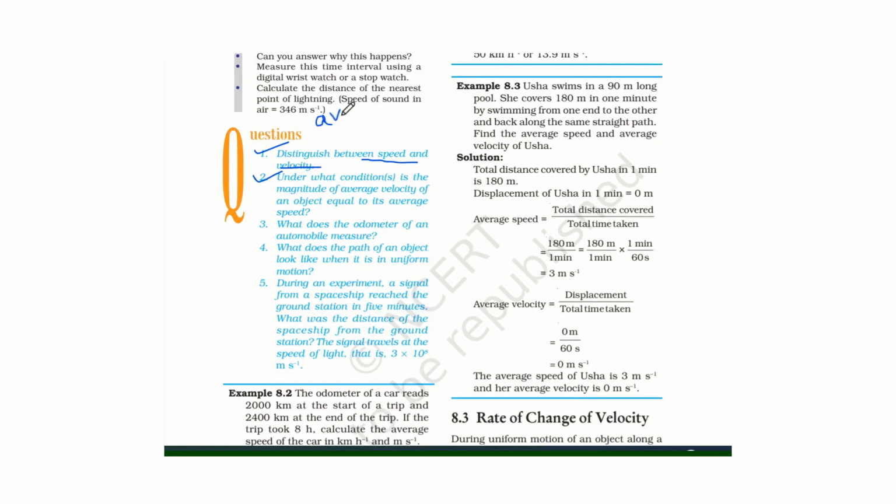Average speed is equal to distance upon time, and average velocity is equal to displacement upon time.